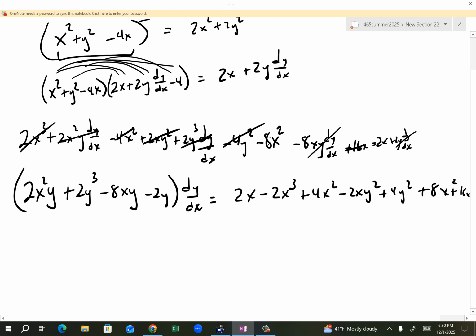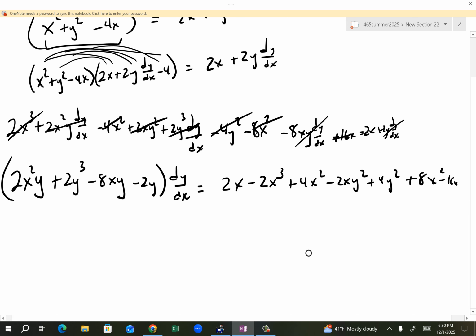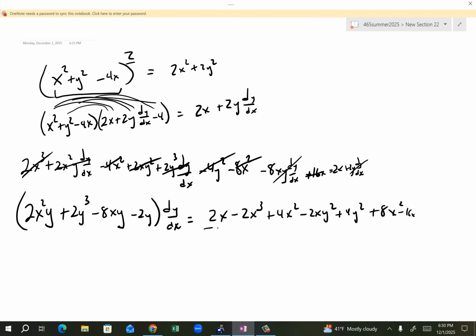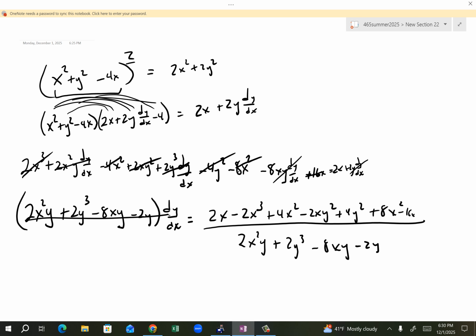Good night, nurse. I cross them out as I go because to me it's just easier. Oops, minus 16x. Sorry. It's easier to keep track of that way. Nice. And then when I'm done, all I got to do is factor out the dy/dx: 2x squared y plus 2y cubed minus 8xy minus 2y. Like so.